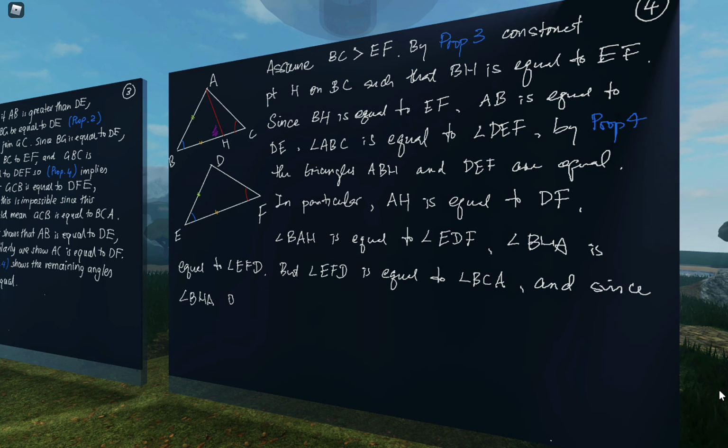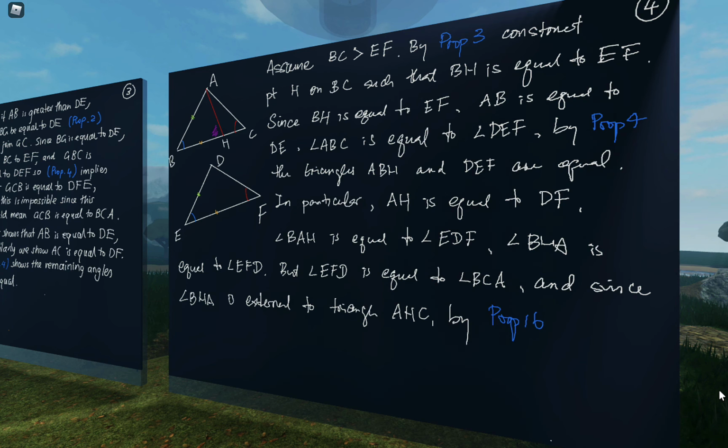Sorry, I skipped the line. BHA is external to triangle AHC, right? So then we can use proposition 16. Remember, proposition 16 tells us that the external angle has to be bigger than the angles on the opposite sides of a triangle.